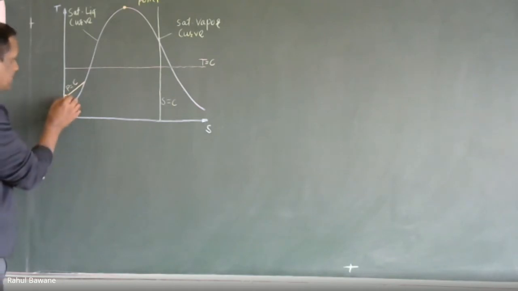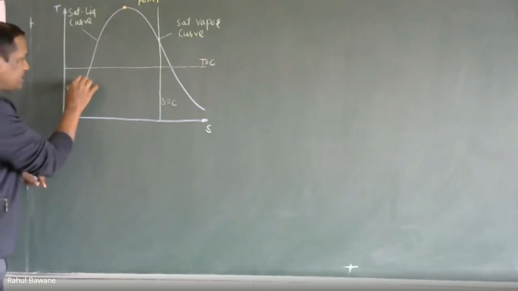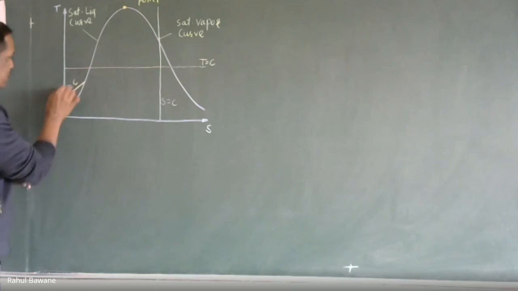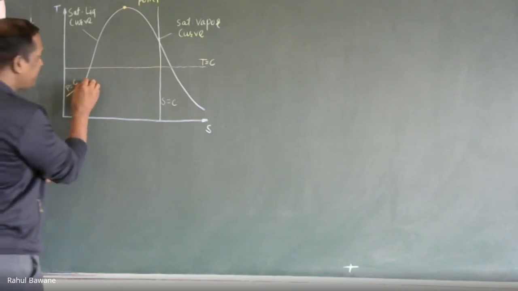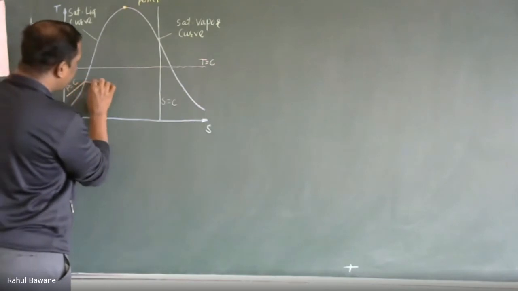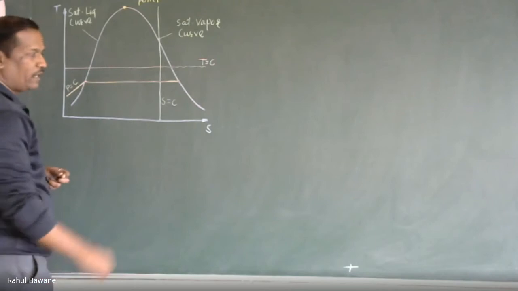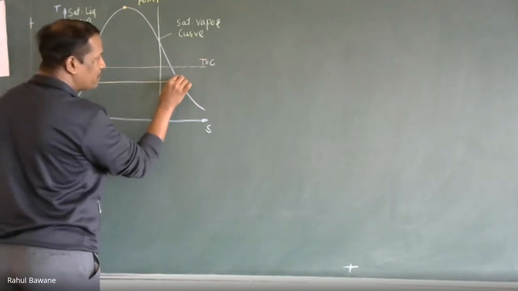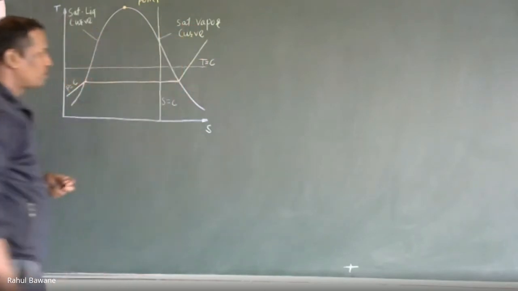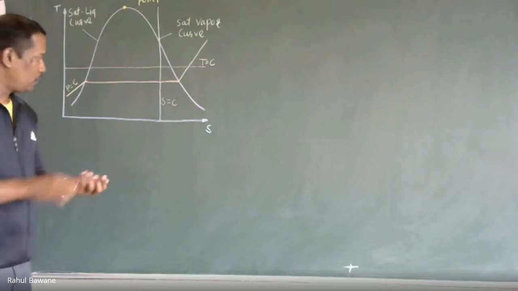So we observe that the temperature, up to the saturated liquid line, is continuously increasing. Then it becomes exactly horizontal. And after the saturated vapor line, it again inclines. So this is a constant pressure line.